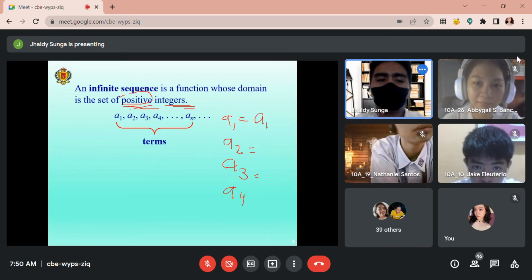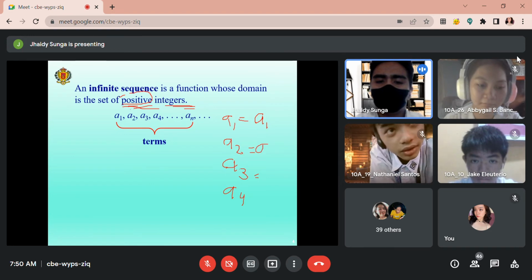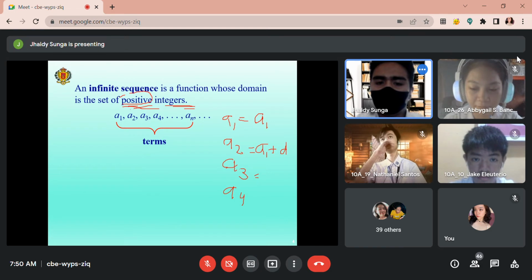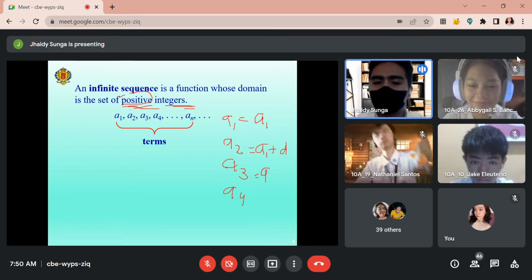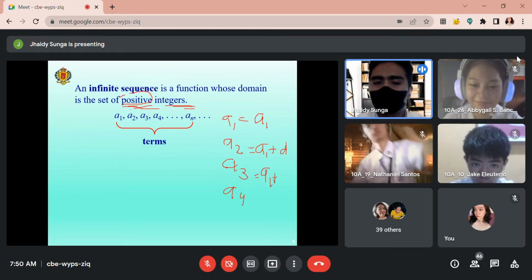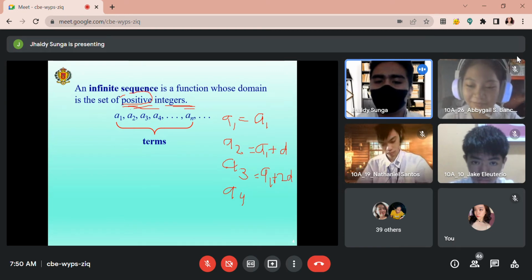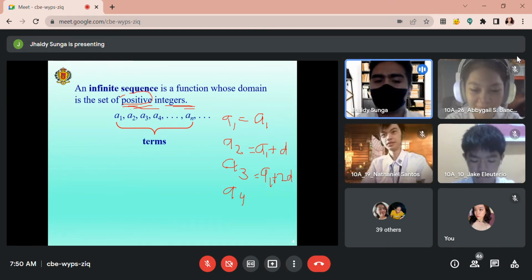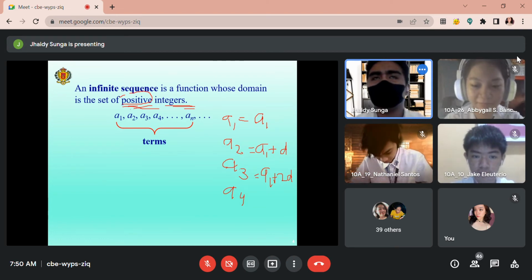For a sub 2, we have the formula a sub 1 plus the difference, while for a sub 3 we have a sub 1 plus 2 times d. Do you remember that one? These are seen as the general term.